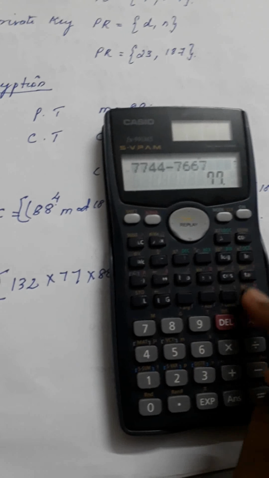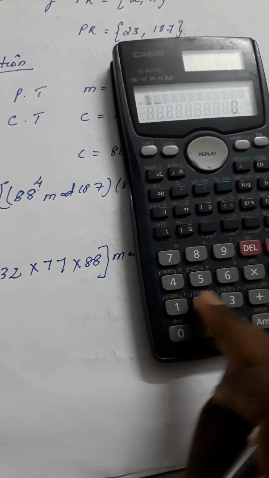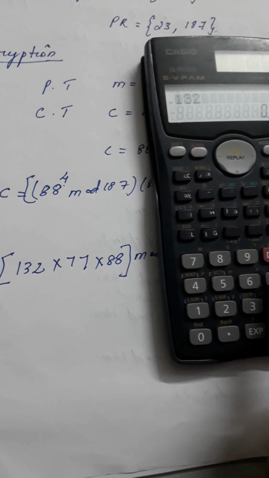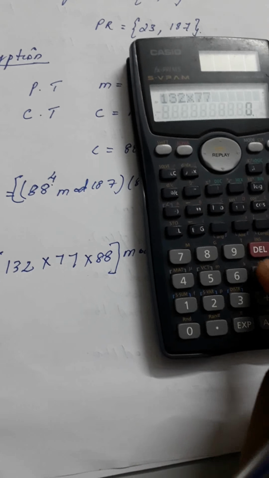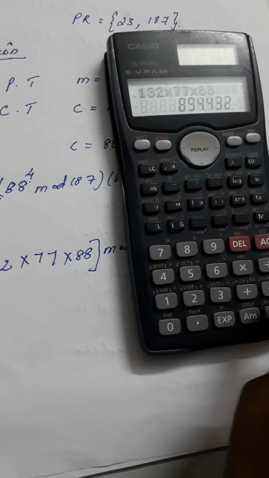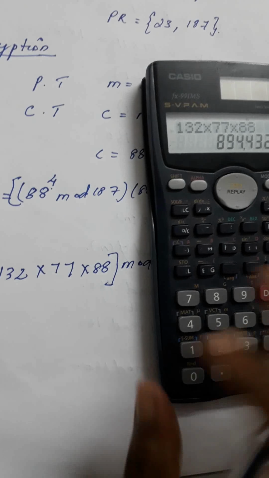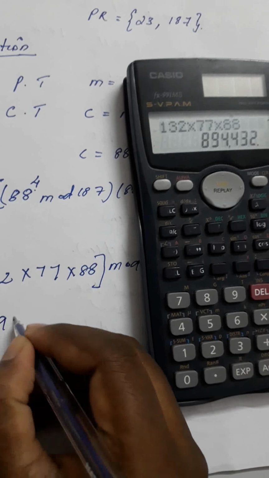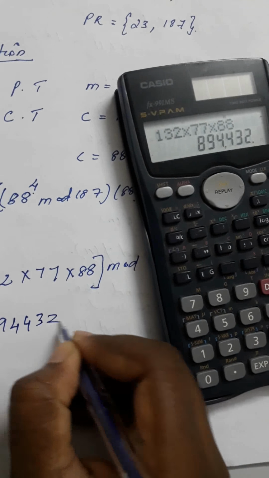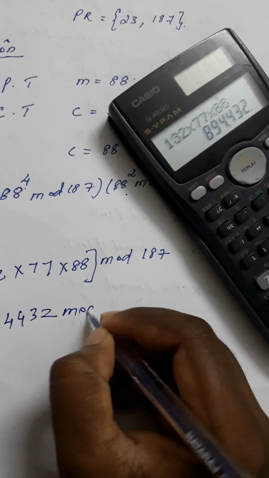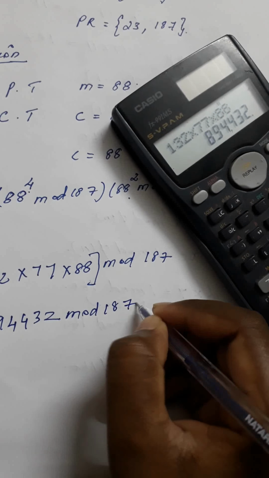Now we will do the multiplication of 132 into 77 into 88. We get the value as 894432 mod 187.